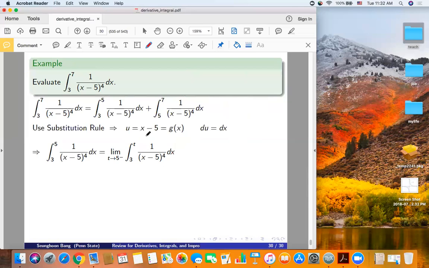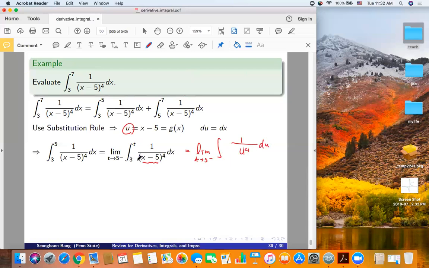Next, u substitution. You plug u into here. So this is the same as the limit as t approaches 5 from the left of the integral of 1 over u to the power 4 du.